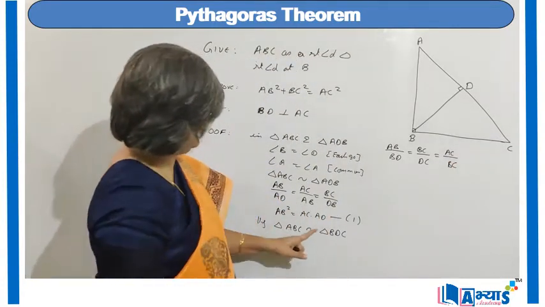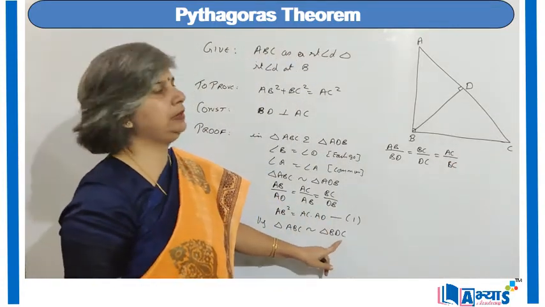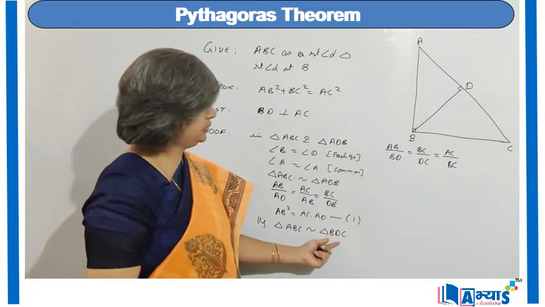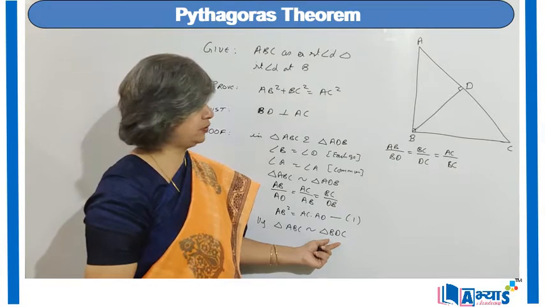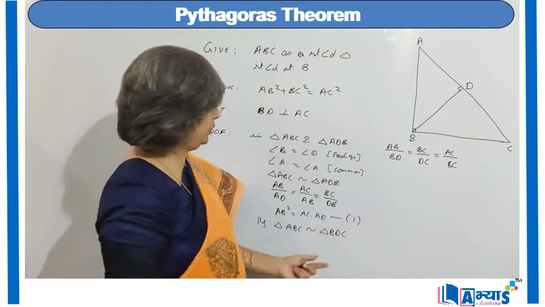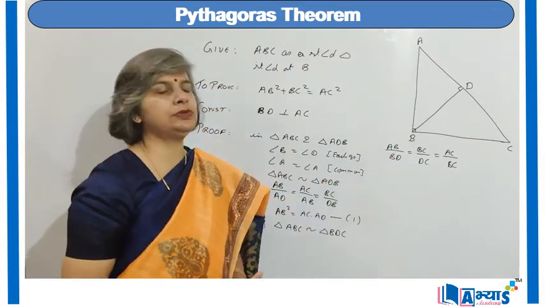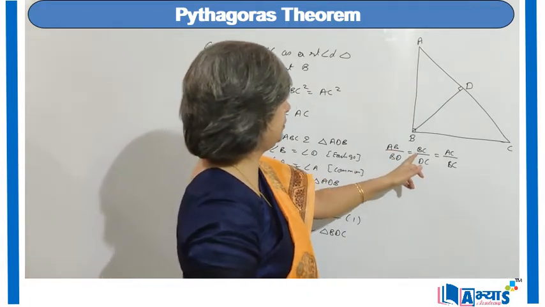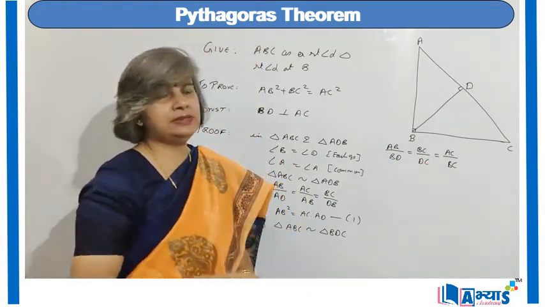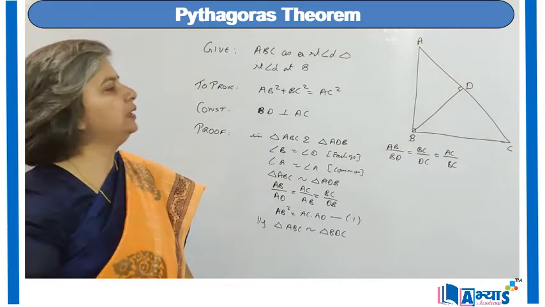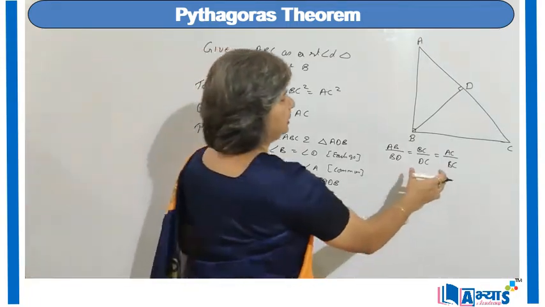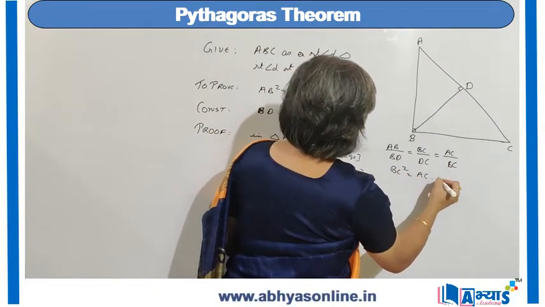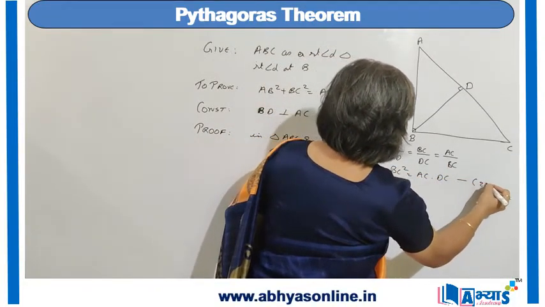That means AB upon BD, taking first two vertices of this upon first two vertices of the other, because A corresponds to B and B corresponds to D. Using the second and the third relation, we can say that BC square is equal to AC into DC. Let us mark it as equation 2.